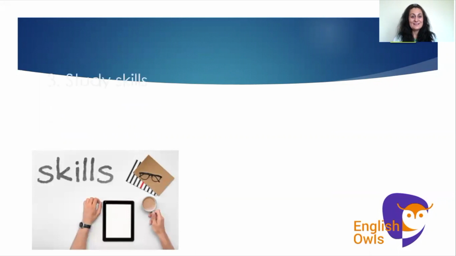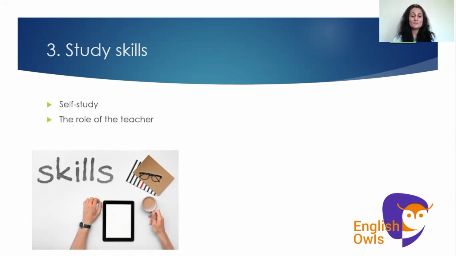The third thing on my list is actually including study skills. Your activities might already include self-study in terms of giving out homework, but in the actual lesson, the role of a teacher can be more that of a facilitator, and it's important to get students to develop these study skills in class already.